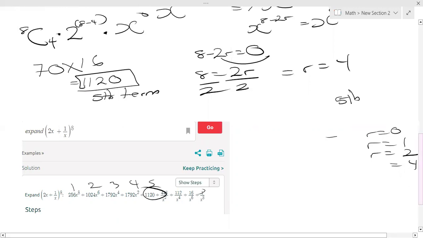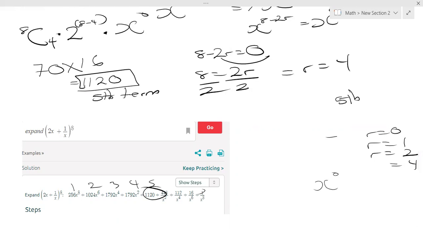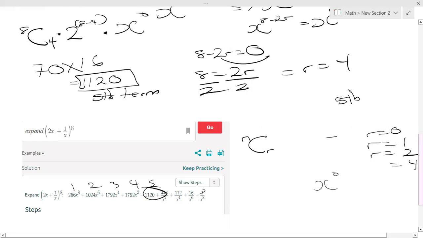I know that for the constant to happen, then perhaps you have x raised to power 0, and then from there we can find our answer. So that tells you what the last term is. Let's say what is the last term now. We know that the last term will be nCr.